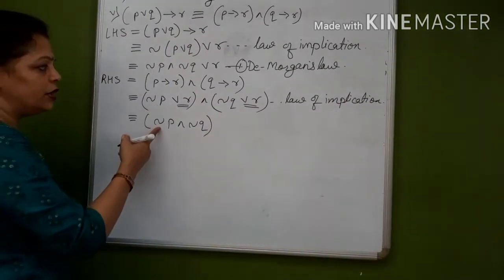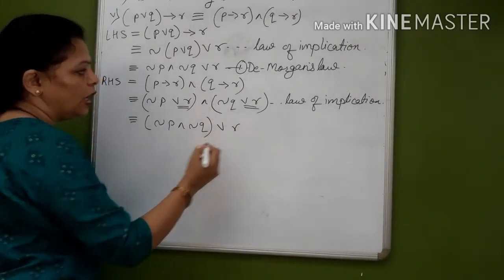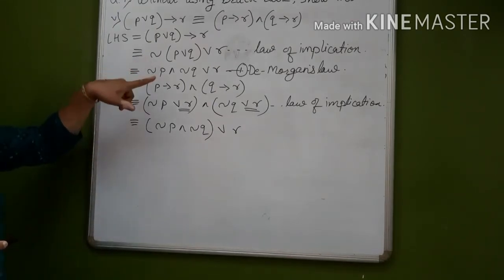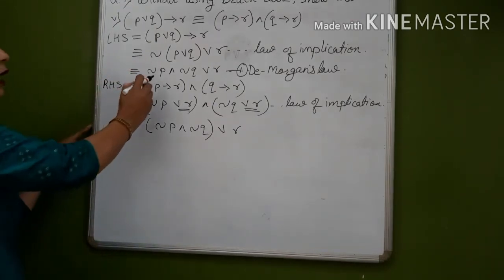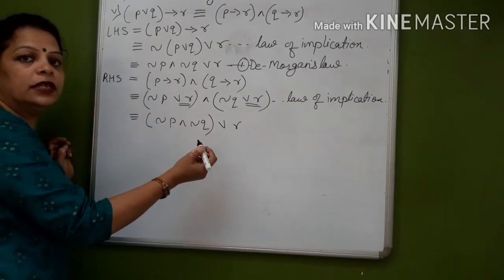Here you get (negation P and negation Q) or R, with R out of the bracket. So what we have got here? Second statement, (negation P and negation Q) or R. So it is same.